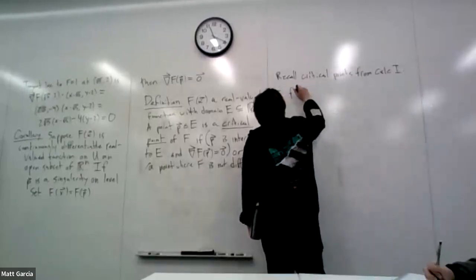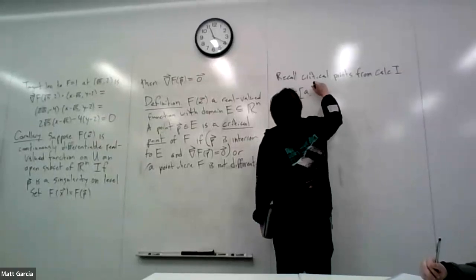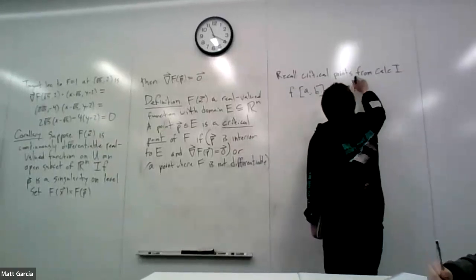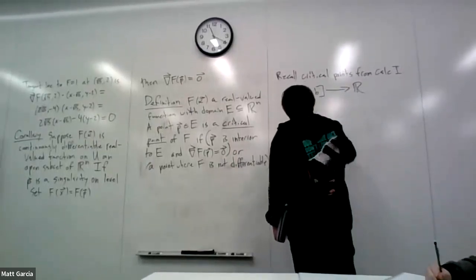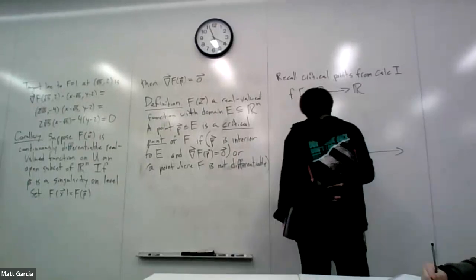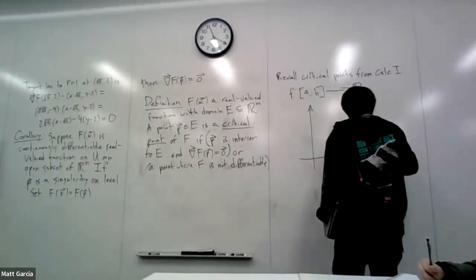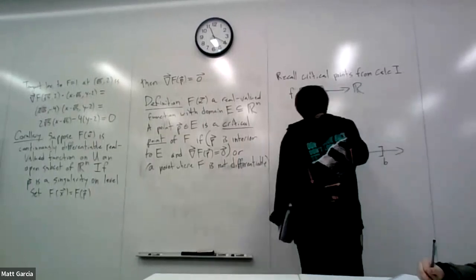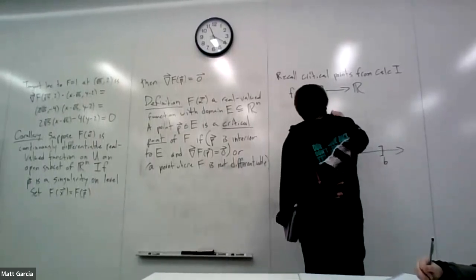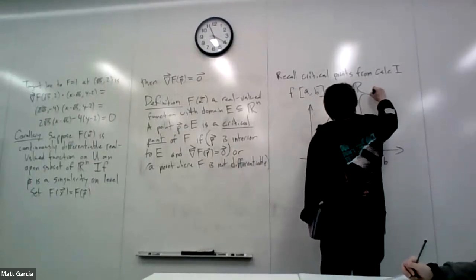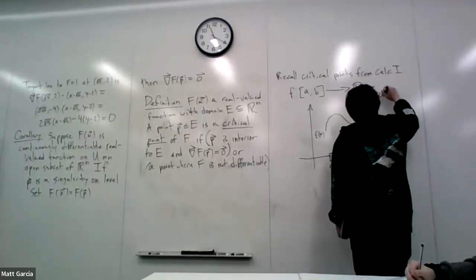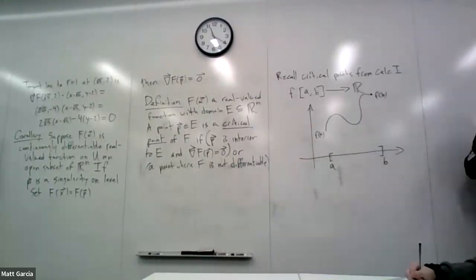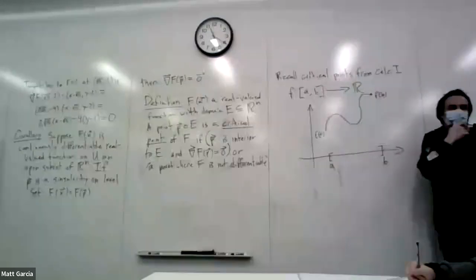Let's say I have a function f from a closed interval a to b onto the real numbers. So here's the graph. Let's say a is here, b is here, and let's say my graph looks like this. f of a here and f of b here. What are the critical points of this graph? Just visually.